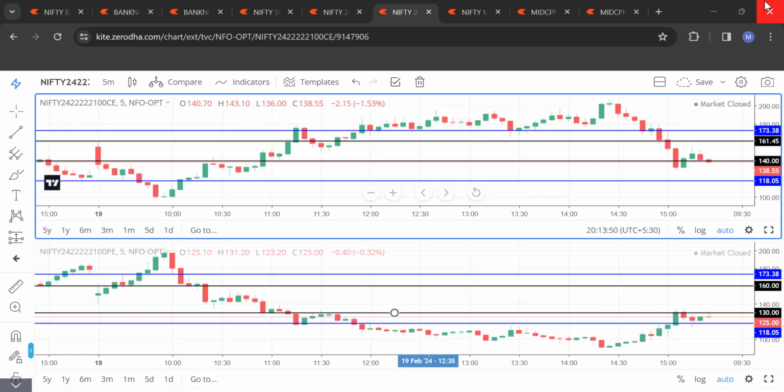Then go into its option: Nifty, Bank Nifty, Fin Nifty, Midcap Nifty. There is no Sensex. In the option chain, you will find open interest of call and open interest of put. Got it?